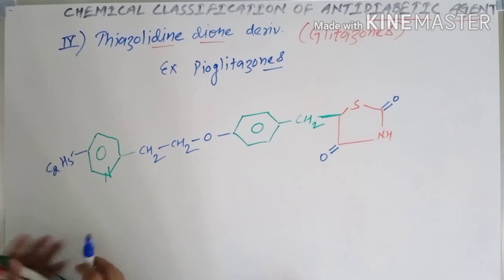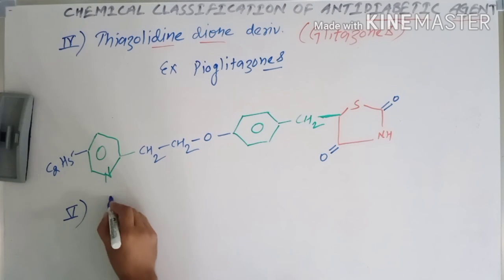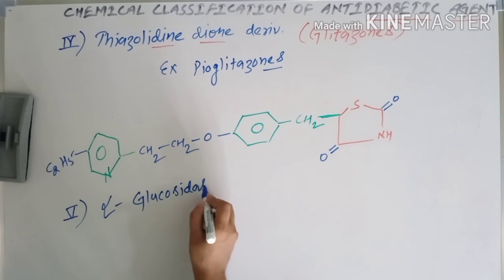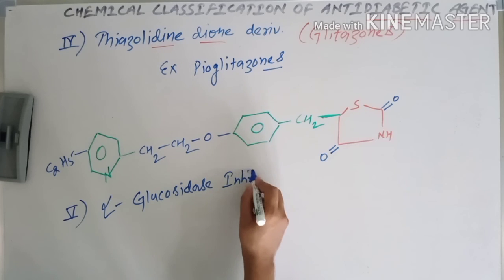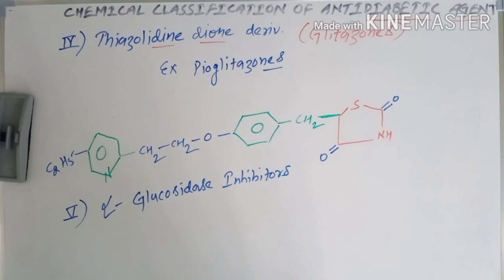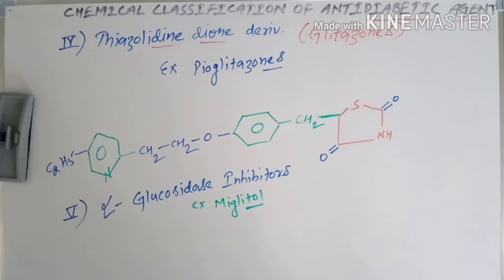Now the last and final class of anti-diabetic agent is alpha glucosidase inhibitors. Alpha glucosidase inhibitors have the best example miglitol, and the structure of miglitol is like this.